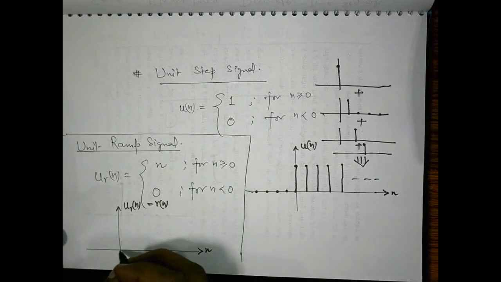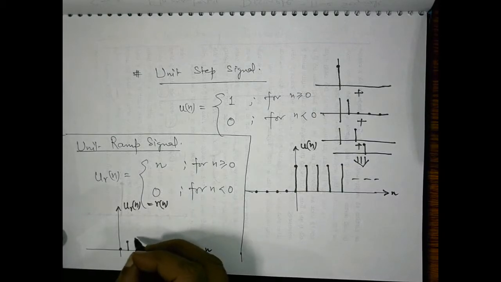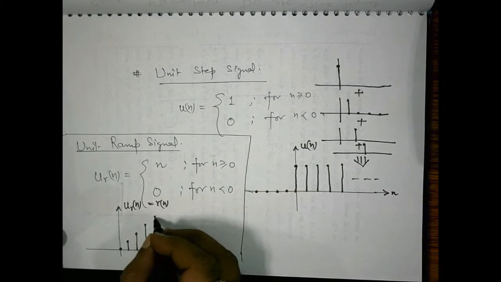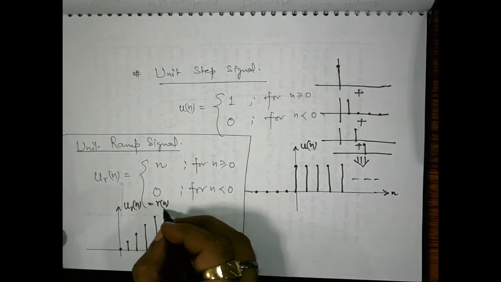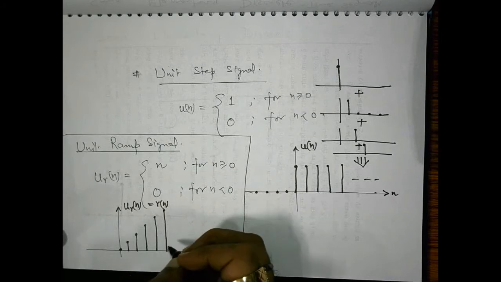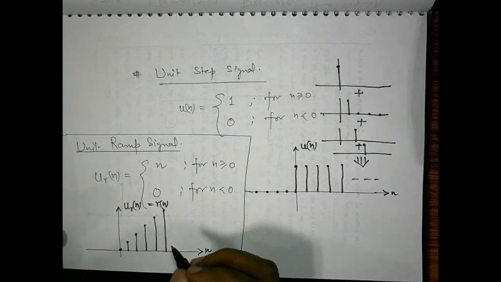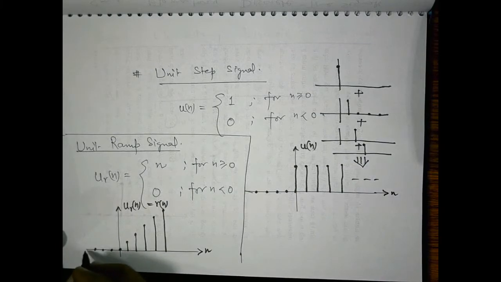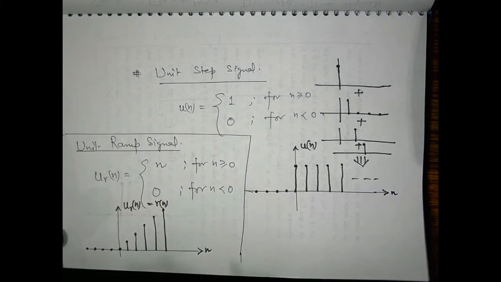Putting in the value of n, you can observe the strength of the signal. For n equal to 0, strength is 0; n equal to 1, strength is 1; n equal to 2, strength is 2, and so on. You get linearly growing stems like this, so you can draw a ramp signal like this.